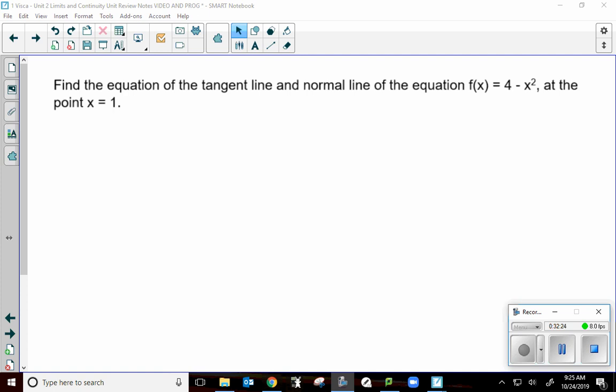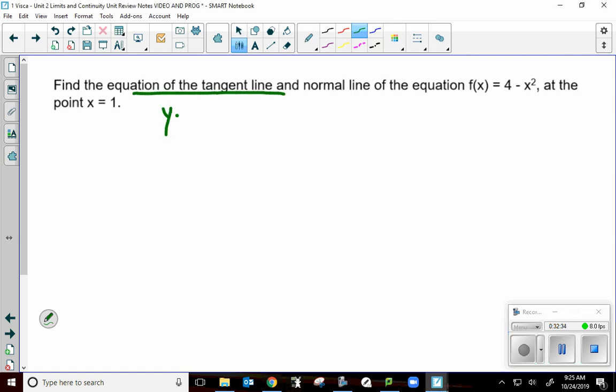All right. Let's do some application. I love these types of problems because you will be asked to do this. Find the equation of the tangent line. The minute they tell me that, I know I've got to use y minus y1 equals slope times x minus x1, of 4 minus x squared at the point where x is 1. Great.